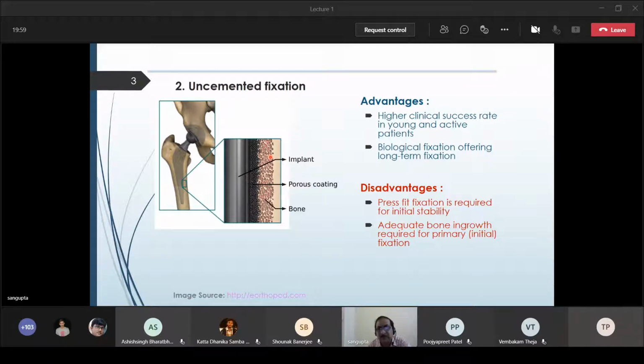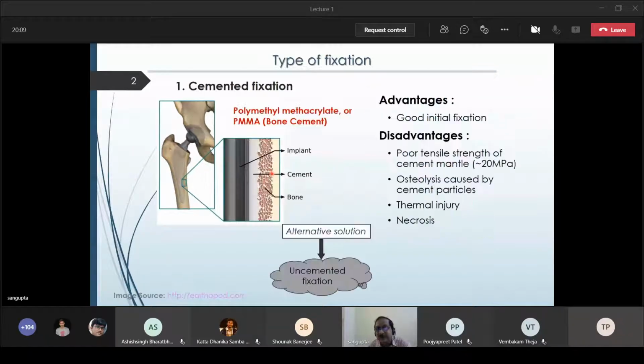Okay? So in the long run, this biological fixation is certainly better than the other variety, which is a cemented fixation. So with time, these disadvantages of the cemented fixation become more and more troublesome for the survival or the outcome of the reconstructive surgery.